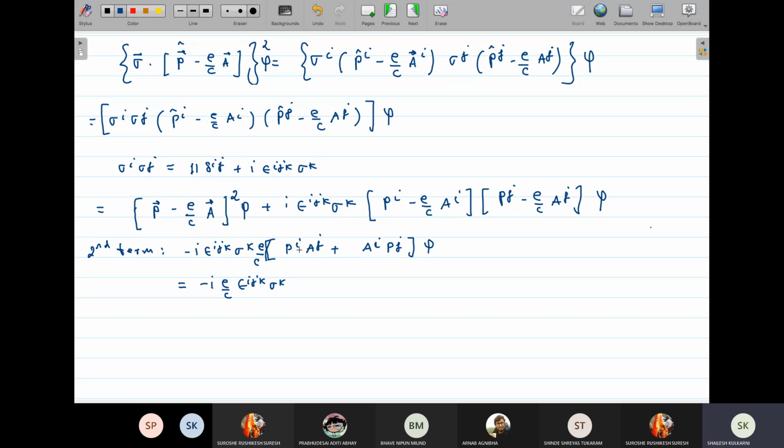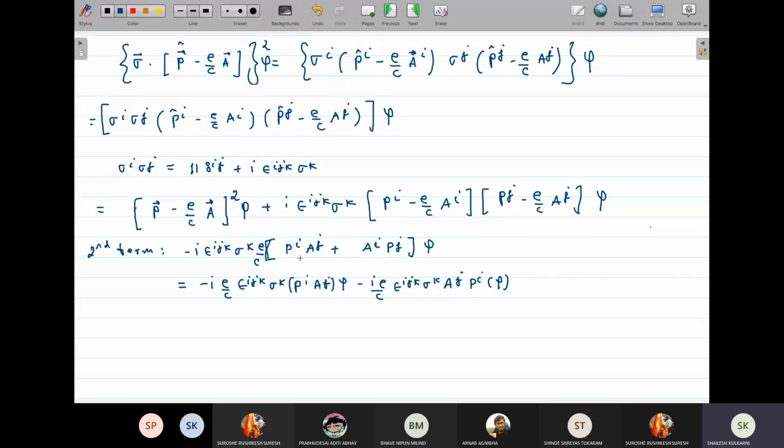Here you have to know that p_i will act on A_j and phi. So p_i has already acted on A_j, and then minus i e by c epsilon_ijk sigma_k, A_j and p_i will act on phi.